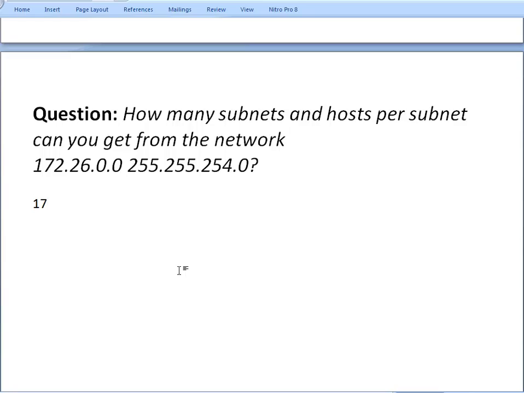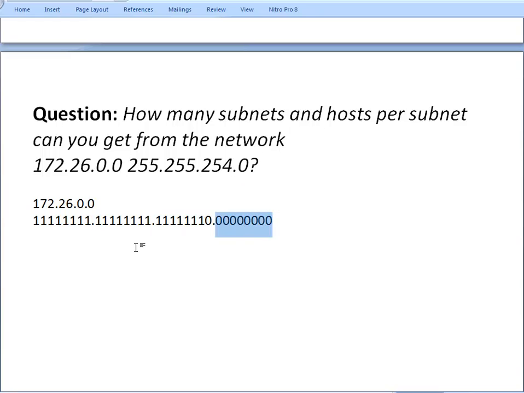Well, the network is 172.26.0.0, and the subnet mask is 255.255.254.0. So I'm going to write down 8 bits, 8 bits, 8 bits, 8 bits. That's not 255, that's 254, because there's a 0 there, and that's a 0.